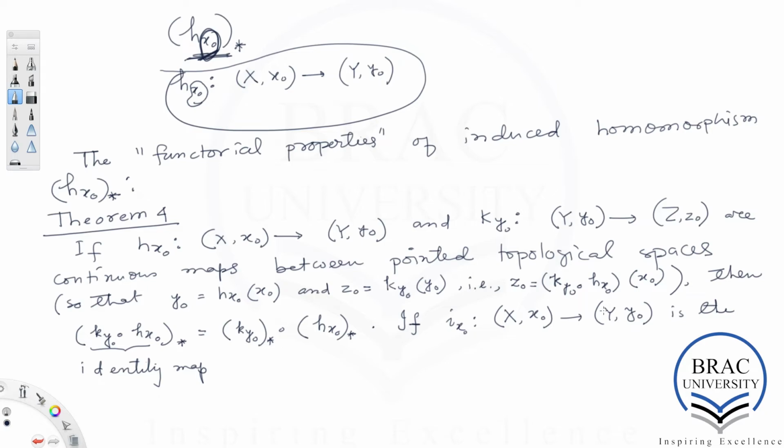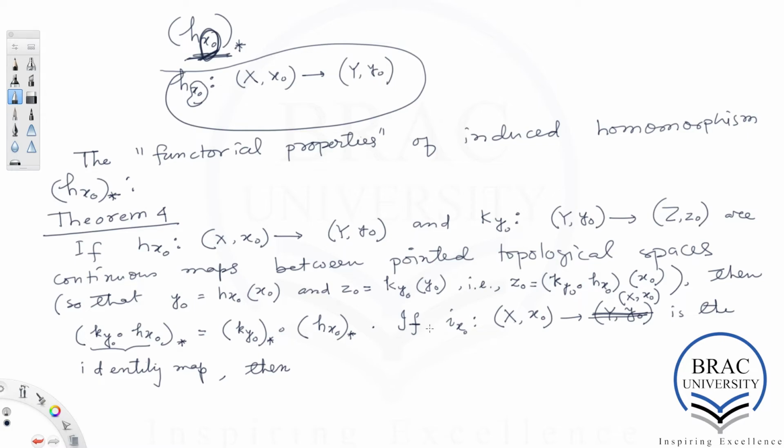It should be x, because we are talking about the identity map. So I sub x0 is the identity map from (x, x0) to itself.